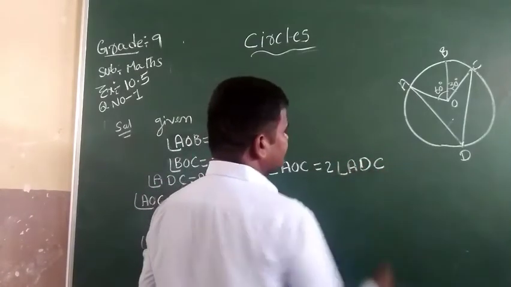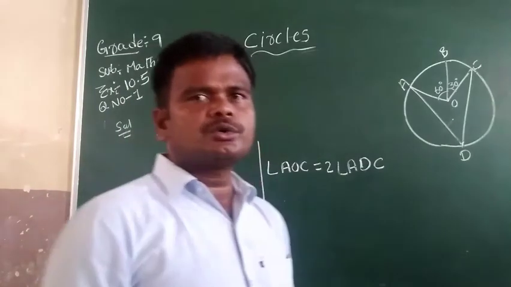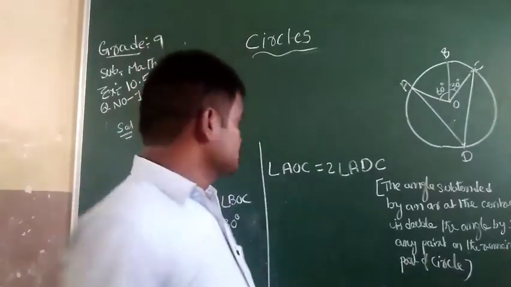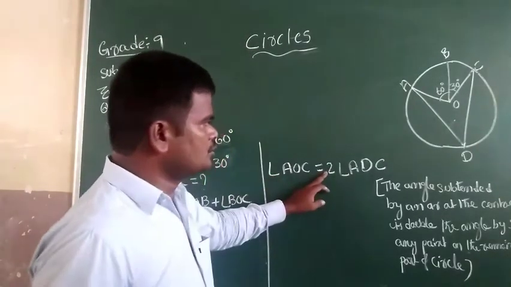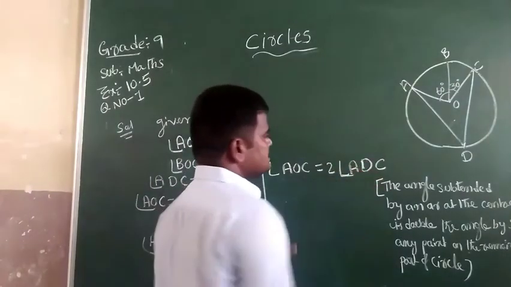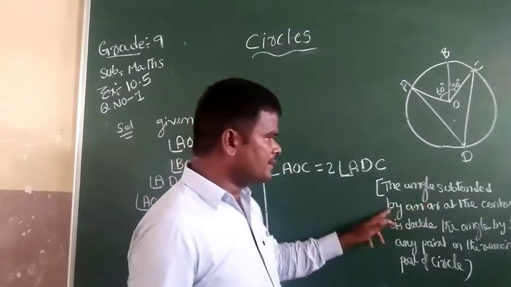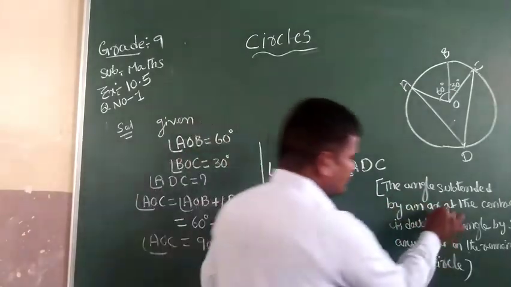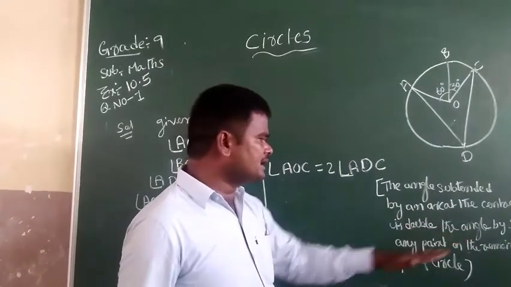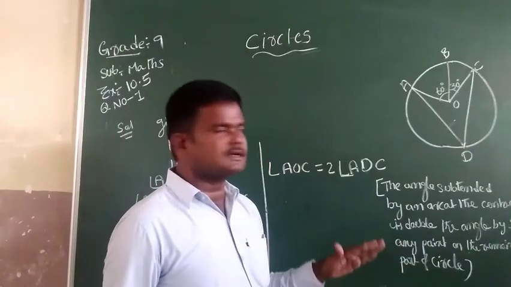Theorem 10.8 says that the angle subtended by an arc at the center is double the angle at any point on the remaining part of the circle.